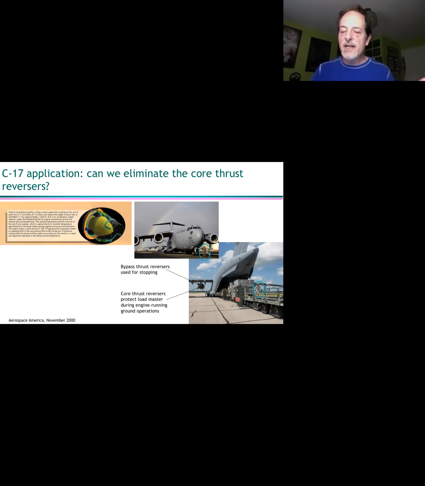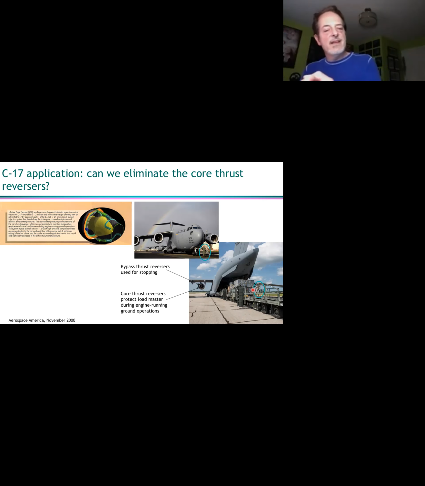They were actually done just to protect the load masters, this guy here, when they do loading and unloading with the engines running. So the operational scenario is the C-17 lands, they leave the engines running, they unload the aircraft and they take off again, right? But to keep these guys from being basically cooked, especially in a hot ambient environment, they really needed thrust reversers on the core flow.